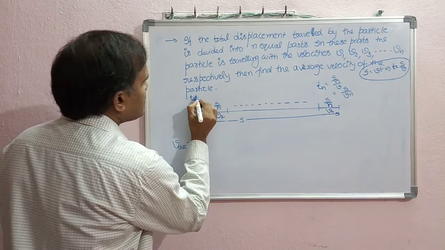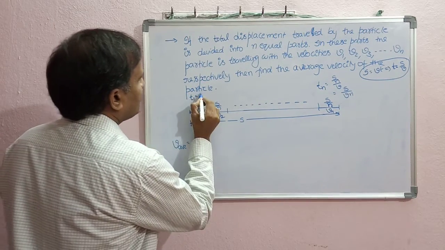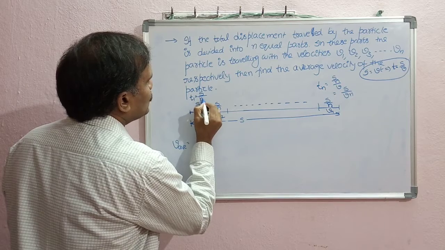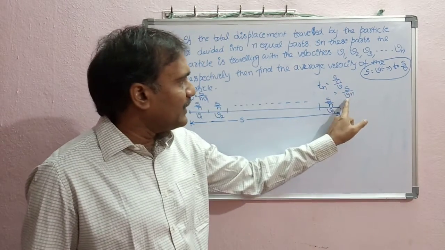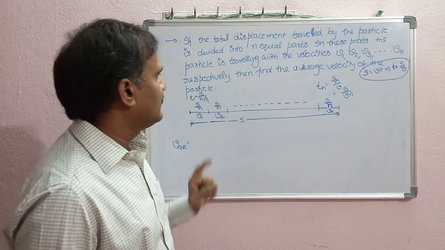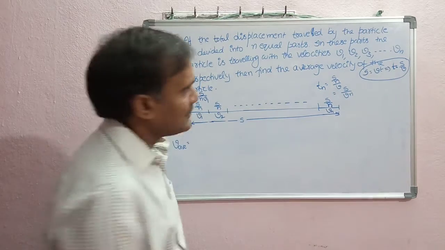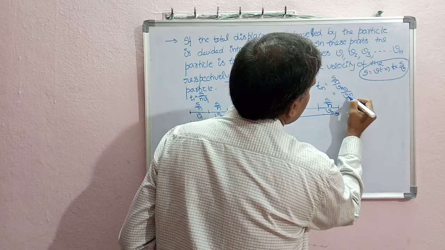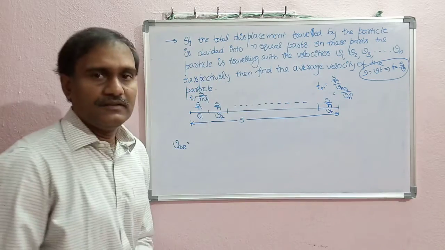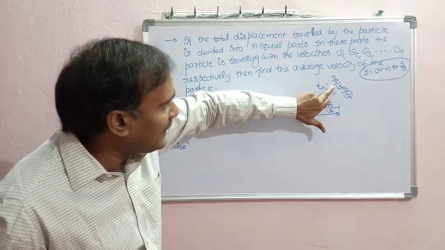Similarly, T1 is equal to how much? S by N into V1, that is S divided by V1 into N. Just observe this once again.